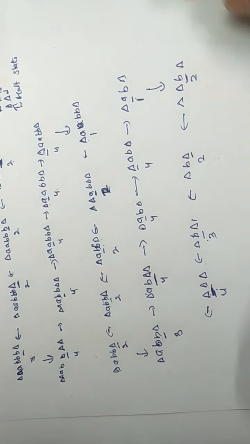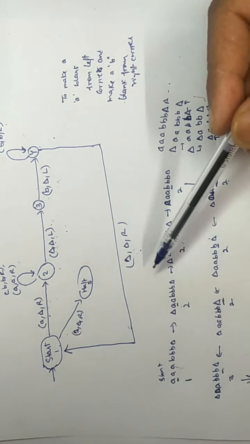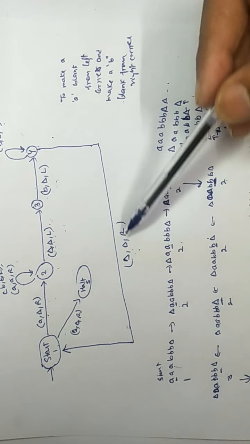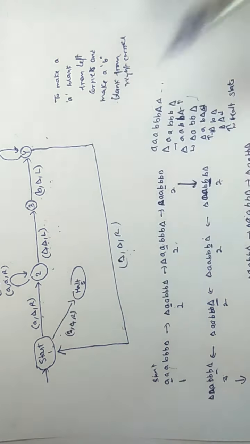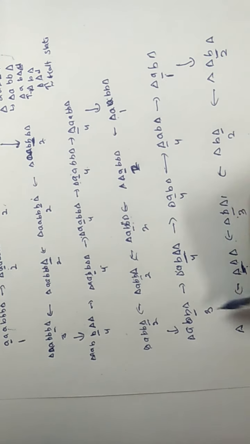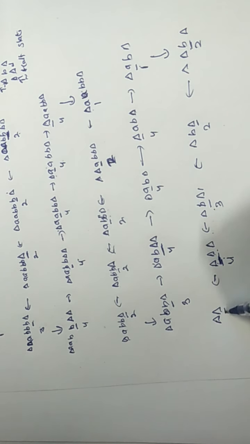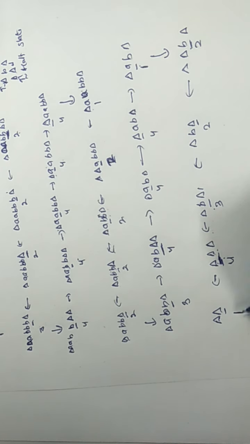What do we do? At state 4, reading blank, we leave this blank as it is and move to right and move to state 1. So here we move to the right of this blank, and we reach state 1.